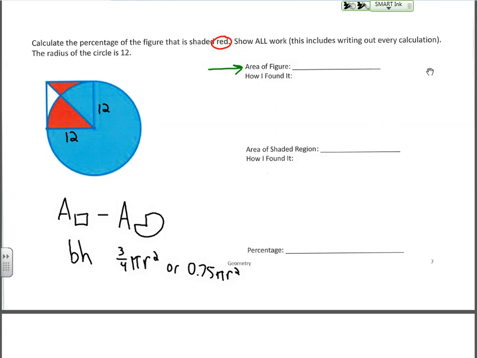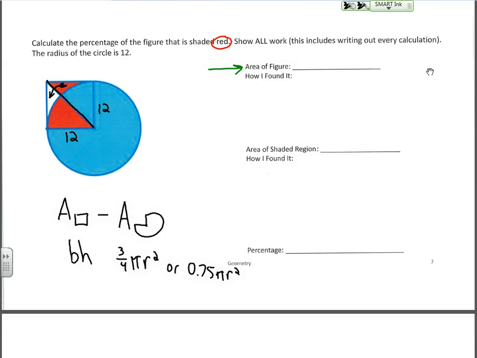Then to find the area of the shaded region, well, since this segment here goes directly from one corner of the square to the other, it divides it in half, which means that you got your red shaded section here, but then this red shaded section is the same size as that white section there.